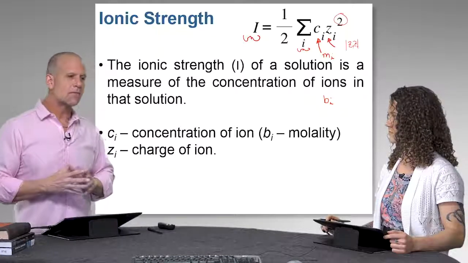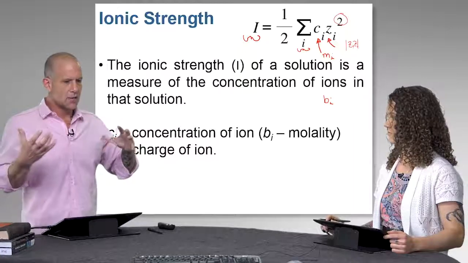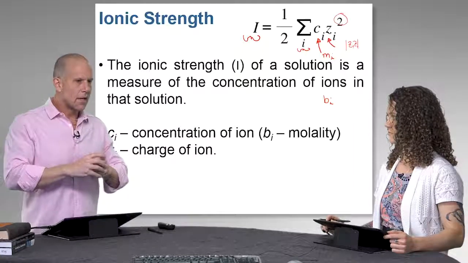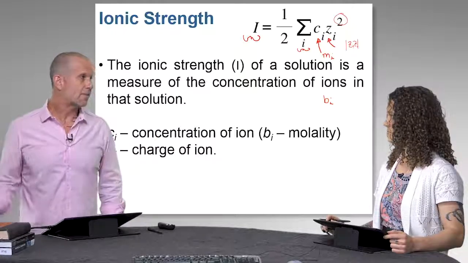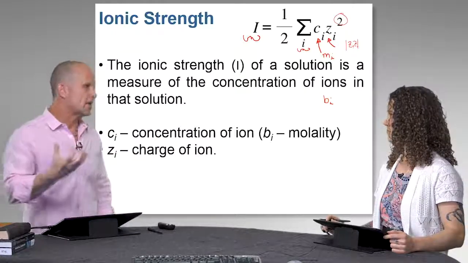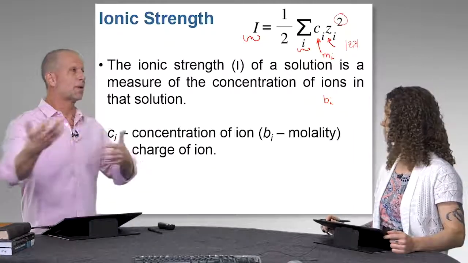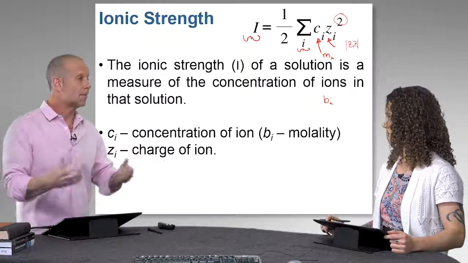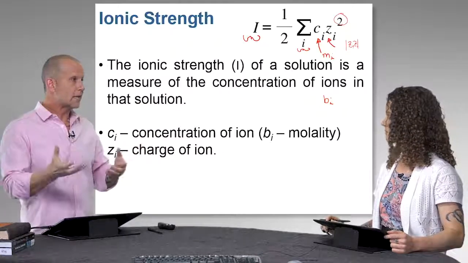That can often be confusing, but what I like to say is, in a dilute limit where everything's behaving ideally, you usually just use molarity. But when you start getting non-ideal behavior, you often need to use molality, the moles per kilogram, to compensate for the volume effect that you can get.